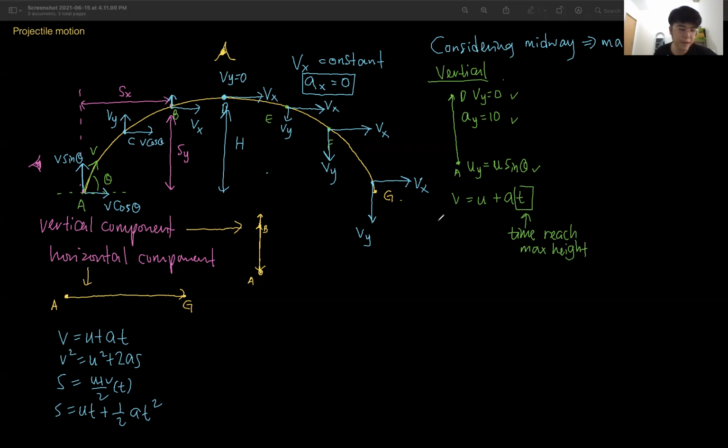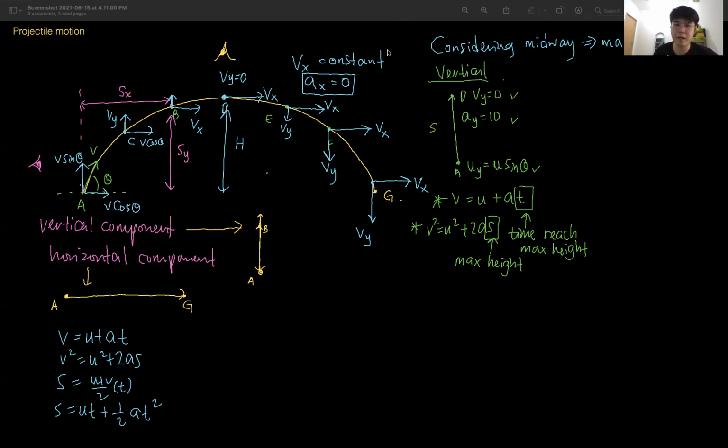I can also use the second formula, v squared = u squared + 2as, to find my displacement, which is the max height, because everything is vertical. The max height displacement s is measured from A to D here. Okay, that is for the vertical component.